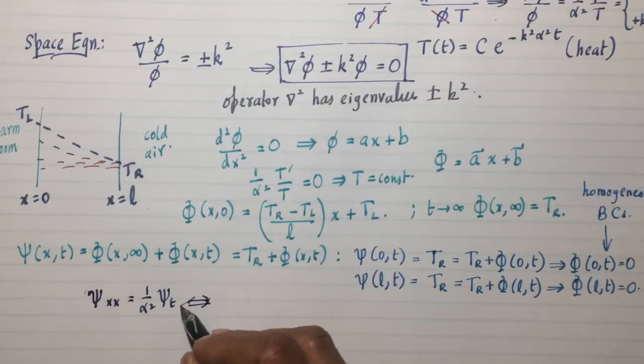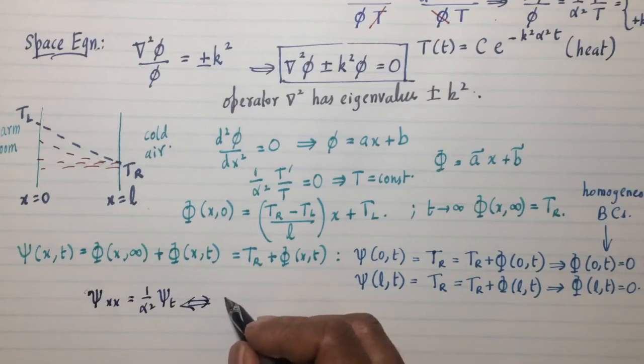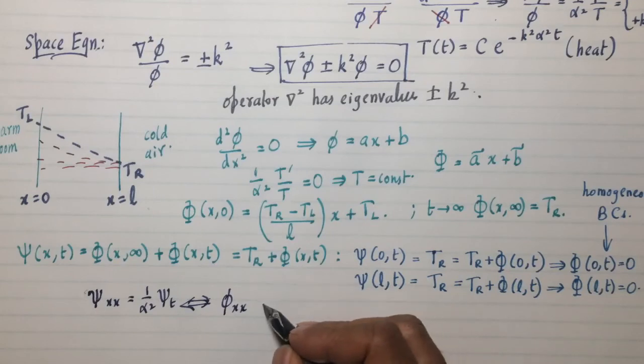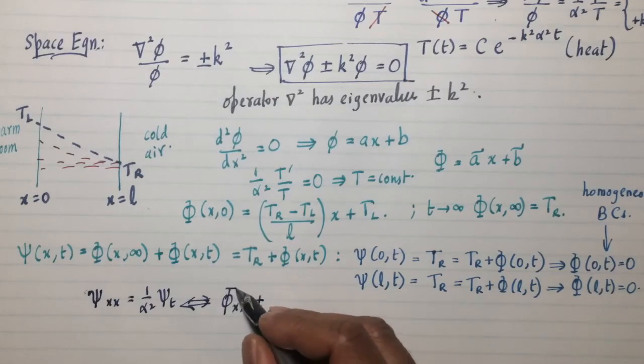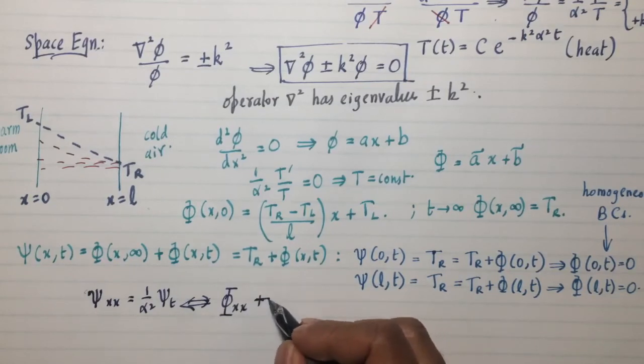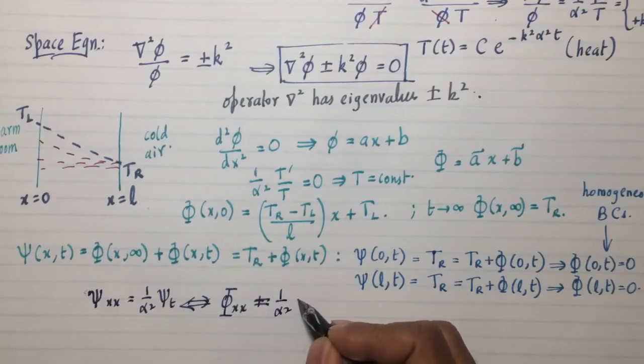So you still end up solving the good old heat equation with respect to the phi variable, phi xx equals 1 over alpha squared phi t.